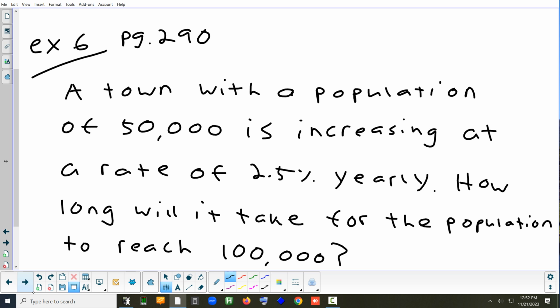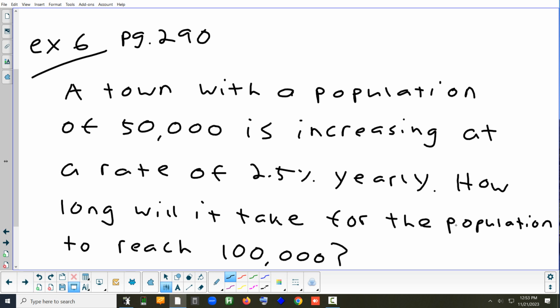Okay, so we did this exact question. I think it came out to, I want to say, 28.07 years. It was in section 5.1. We did half-life in that section too. It would have been right around the exponential growth stuff.